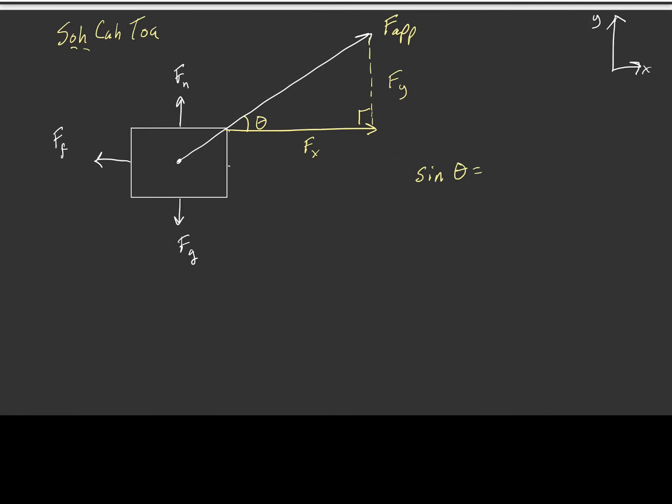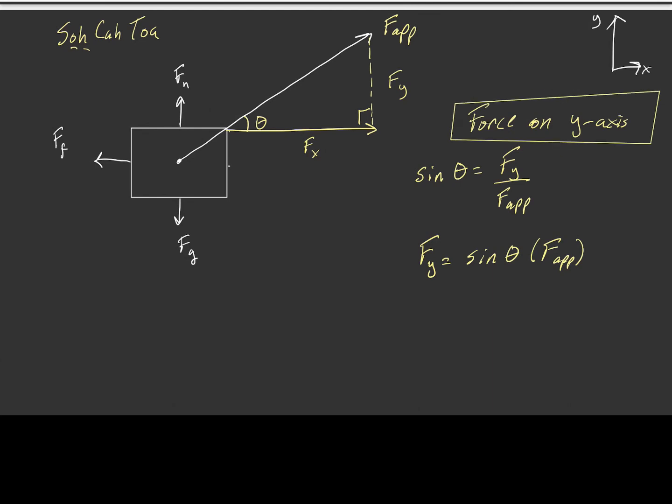In this case, the opposite of theta is the force acting on y, and the hypotenuse is the applied force. So to resolve the force along y, it would be sine theta times the applied force. And we are done. This is how we would resolve the force on the y-axis.